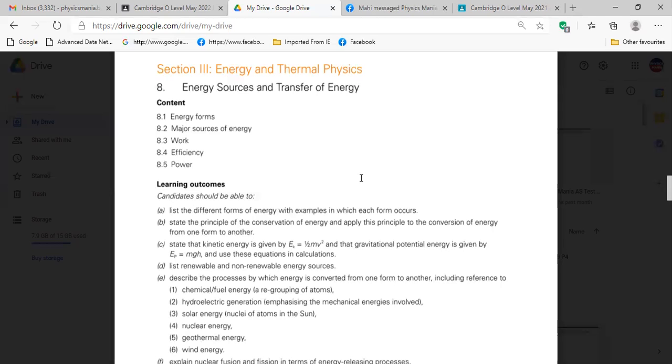Monica, have you written these four? So petroleum, coal, natural gas, these are available underground, right? So we have to do mining to get these non-renewable resources, isn't it?